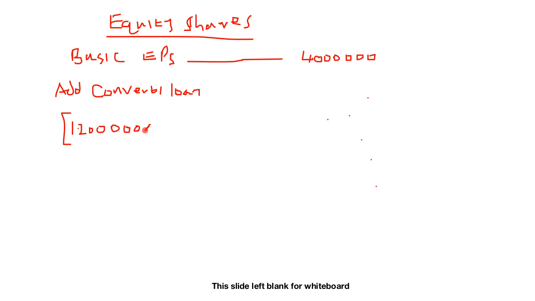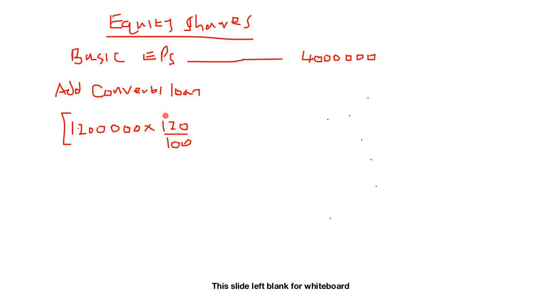1,200,000 times 120 over 100. Remember, if you look at the problem, we are told that the loan stock is convertible per 100 shillings of loan stock.